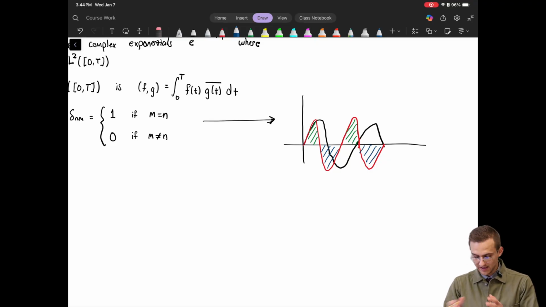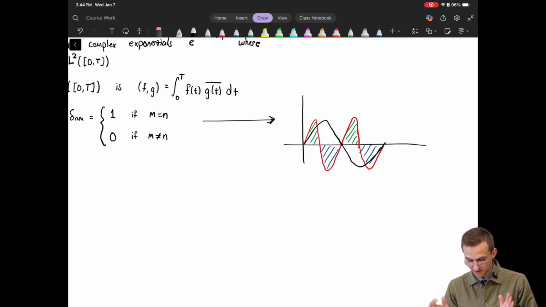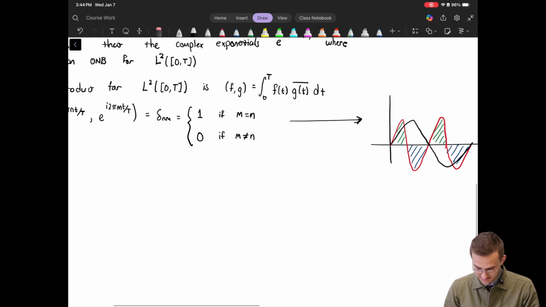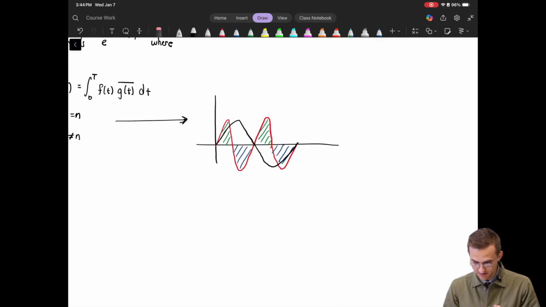I should write the black one as having just one full oscillation in this amount of time. And if you're going over an integer number of periods, which we always are when going from 0 to T, the way these complex exponentials are constructed, because n is an integer with magnitude greater than 1, then you're always going to integrate to 0.